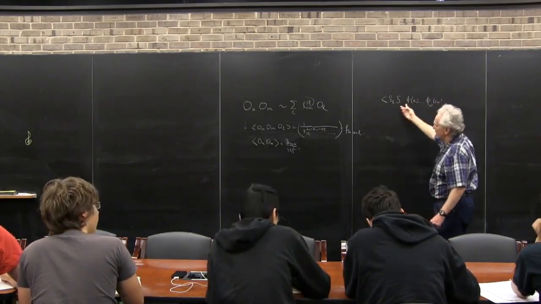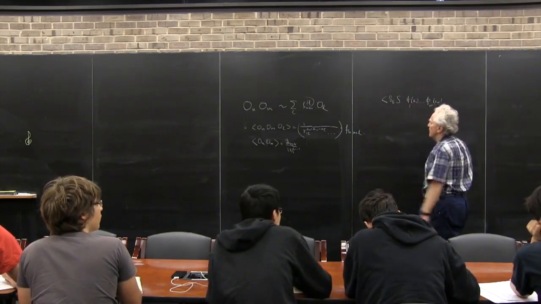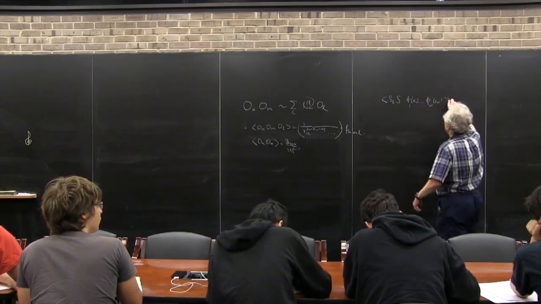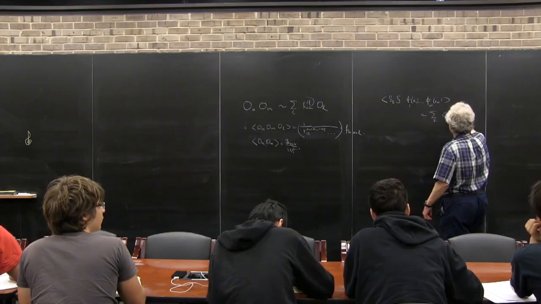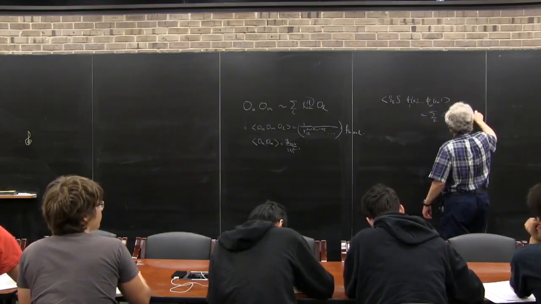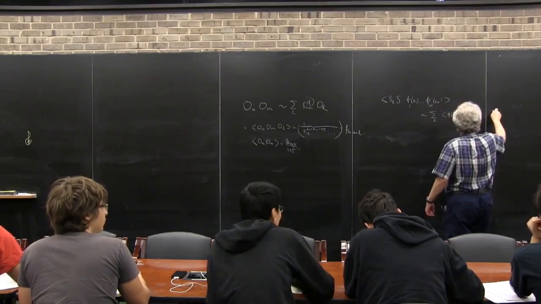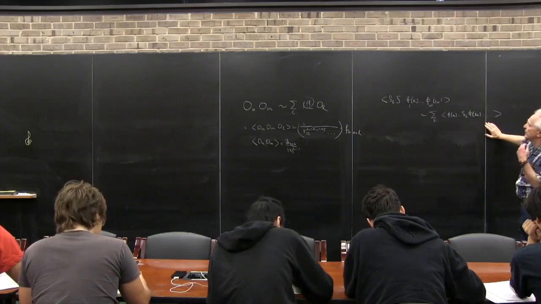I'm using different letters because it's not restricted to CFT, it's very general. And you have a sum over k. That's the general Ward identity.